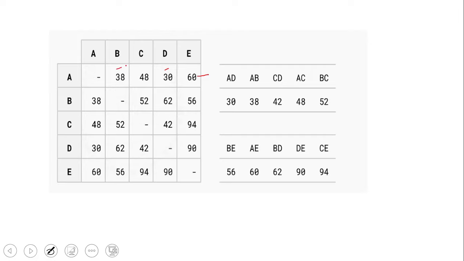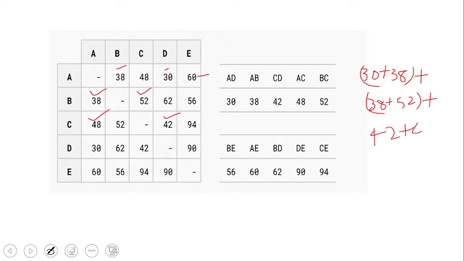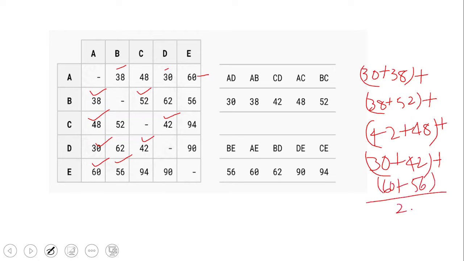So 30, 38. 30 plus 38 plus the next, 38 and 52. 38 plus 52 plus the next minimum, 42, 48. 42 plus 48 plus 30, 42. 30 plus 42 plus the next, 60, 56. 60 plus 56, divided by 2.